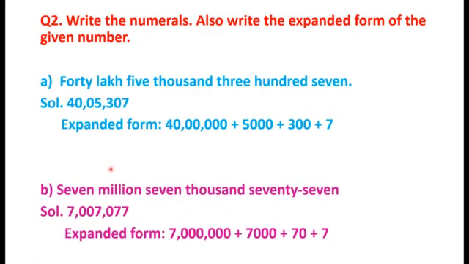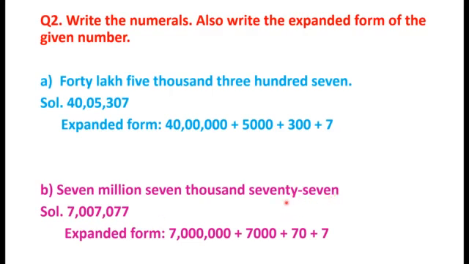Now the next number is 7,07,077. So 7 million. Now children, you can see that it is the international system of numeration. So 7 million means we write 7 and then put a comma. Now comes 7,000. The thousands period has 3 places in the international system of numeration, so we write 007. Then comes 77.